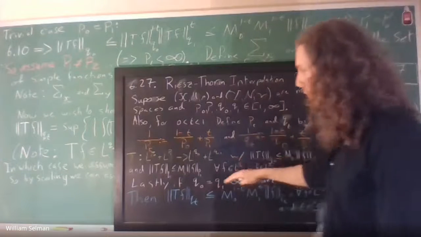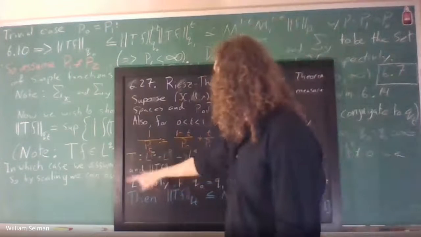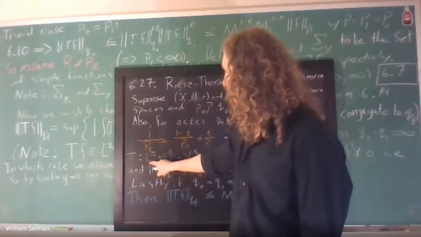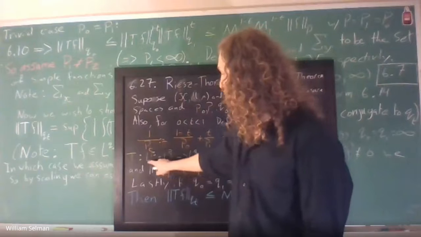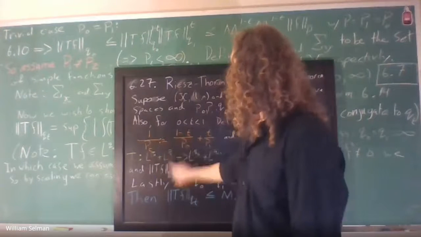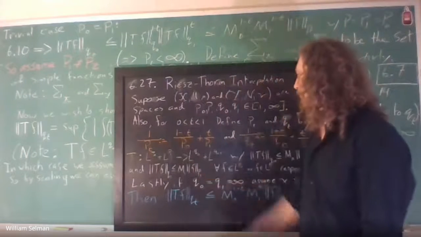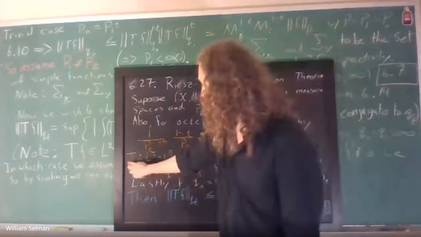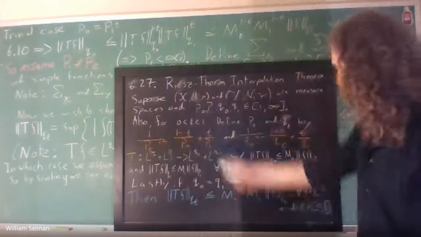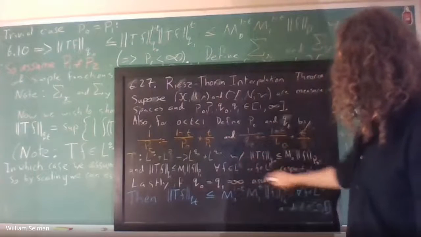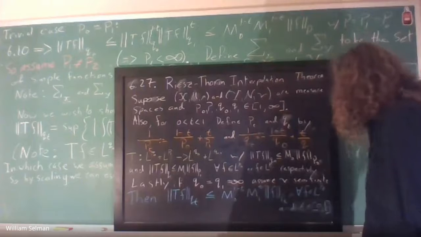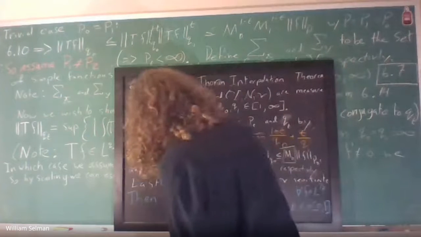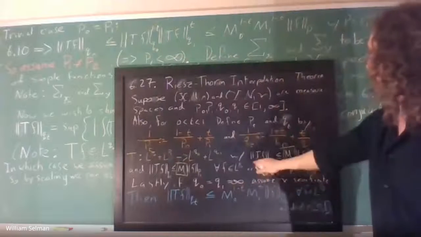So from there, we're now going to take a linear function from the space of the sum of L^p0 and L^p1 to the sum of L^q0 and L^q1. So we've got a linear map, an operator, and we're going to define these 2 numbers, M0 and M1, which are going to be the bounds.